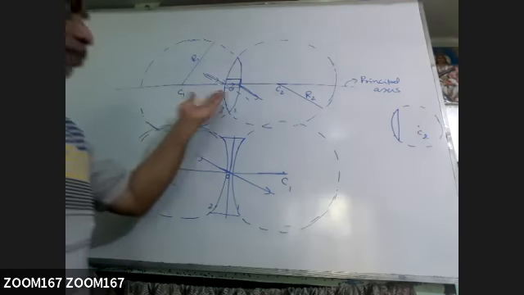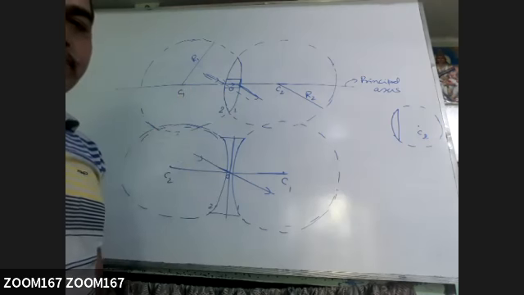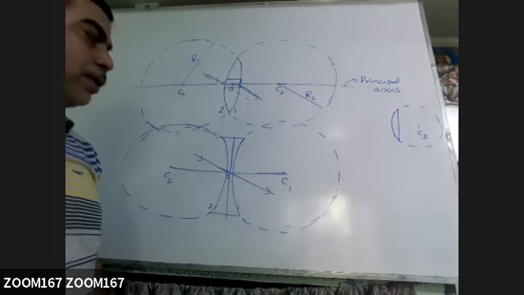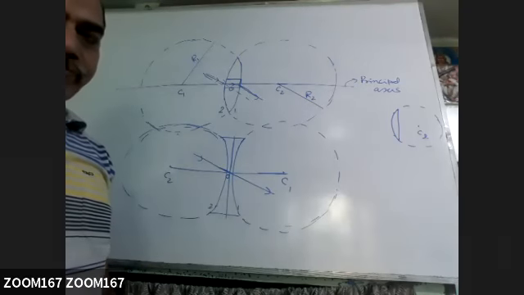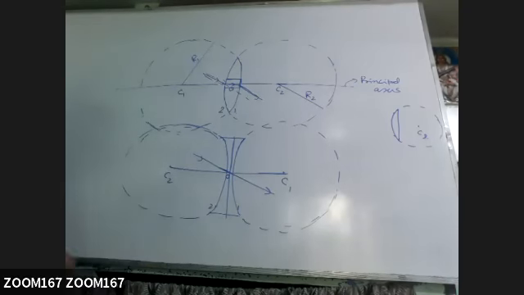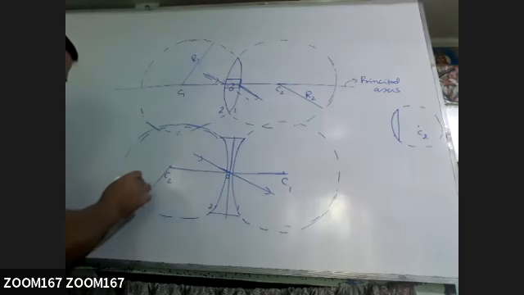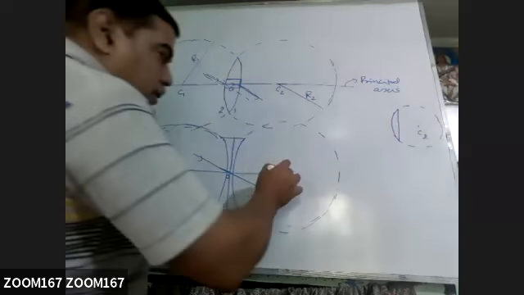So in case of biconvex or biconcave, the two radii of curvature may be same or may be different. For example, here this is your R2 and this is R1.